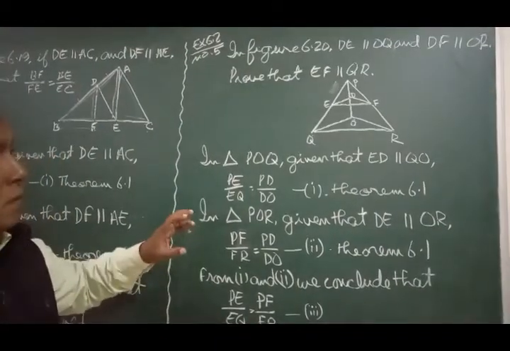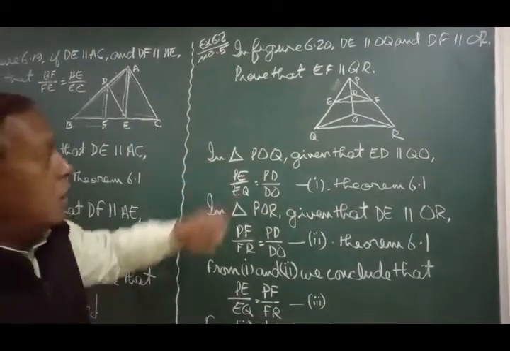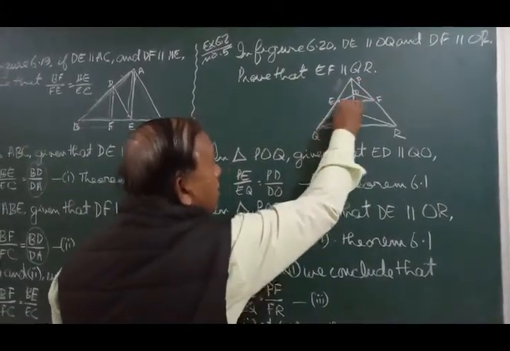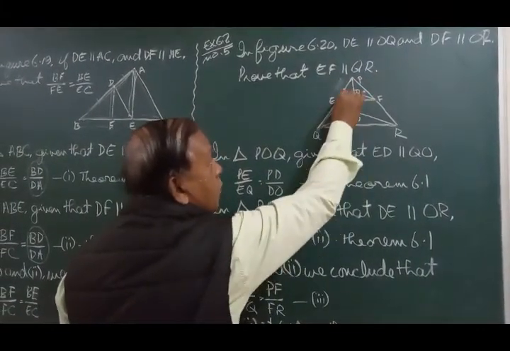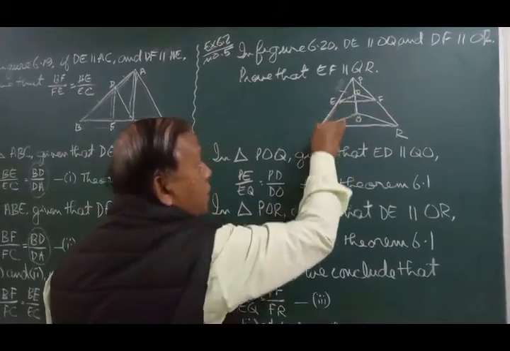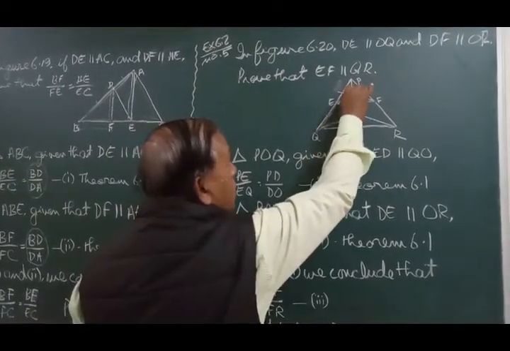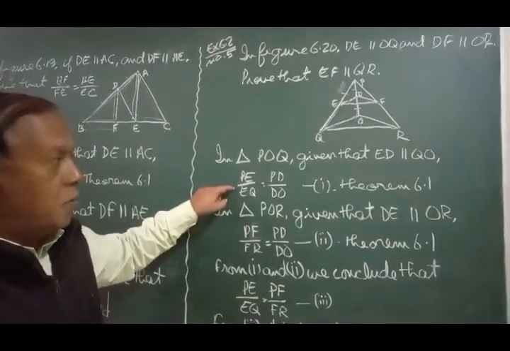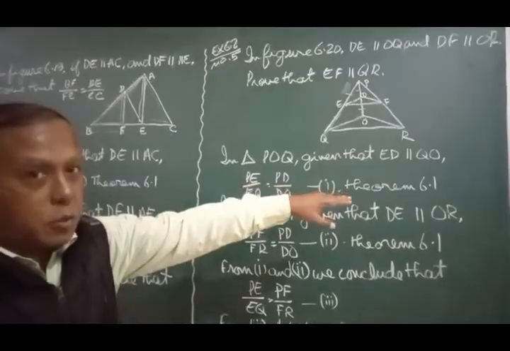And then, now look at this. In the triangle POQ, we have this triangle here. These two are parallel. Therefore, PE upon EQ is equal to PD upon DO. First, according to theorem 6.1.